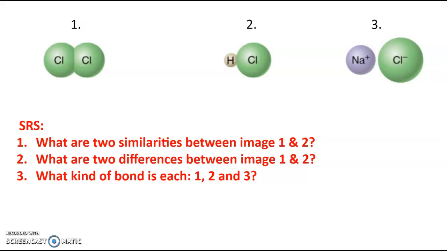Some differences, the second one has hydrogen, whereas the first one only has chlorines, and the hydrogen is really, really tiny compared to the chlorine, right? So those are some observations we could make. What kind of bond is each of these? So chlorine is a nonmetal, and so this is a nonmetal stuck to another nonmetal, so that is a covalent bond.